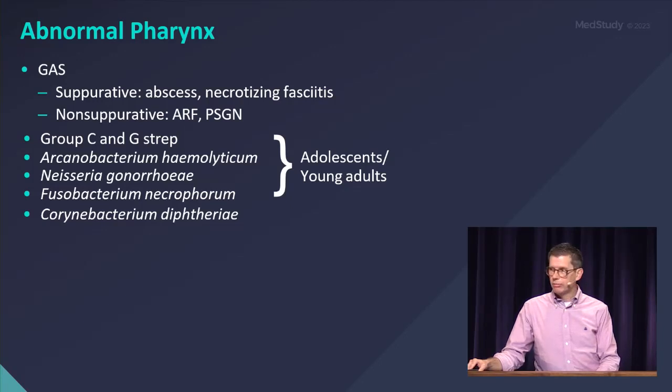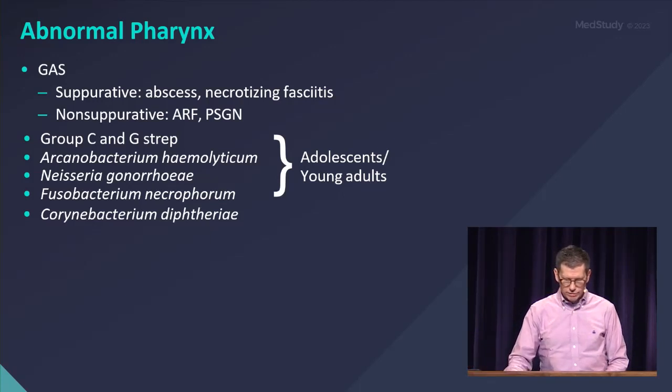Fusobacterium is an anaerobic gram-negative pathogen and can cause pretty severe disease, including thrombi to the lungs and to the internal jugular. Neisseria we will see in teenagers as well. Typically, the treatment of choice for that is going to be ceftriaxone.